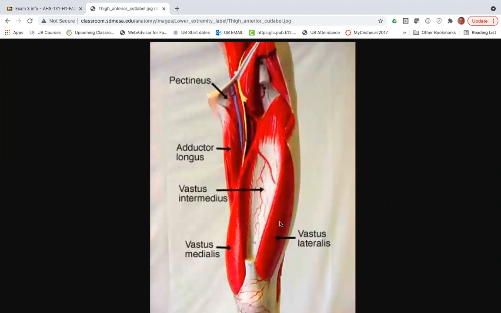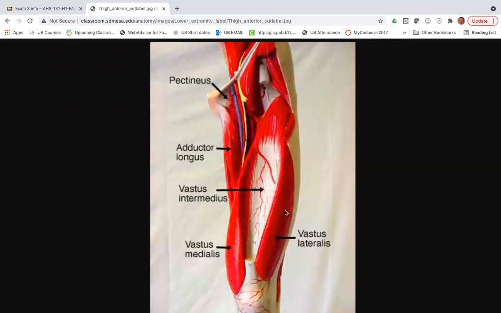So here's the vastus lateralis. Here's the vastus medialis. Now the one that we just cut, you can see right here, the belly of the tendon is cut. We just cut the rectus femoris, so we could see the vastus intermedius. So there's a vastus lateralis, vastus medialis, and a vastus intermedius.